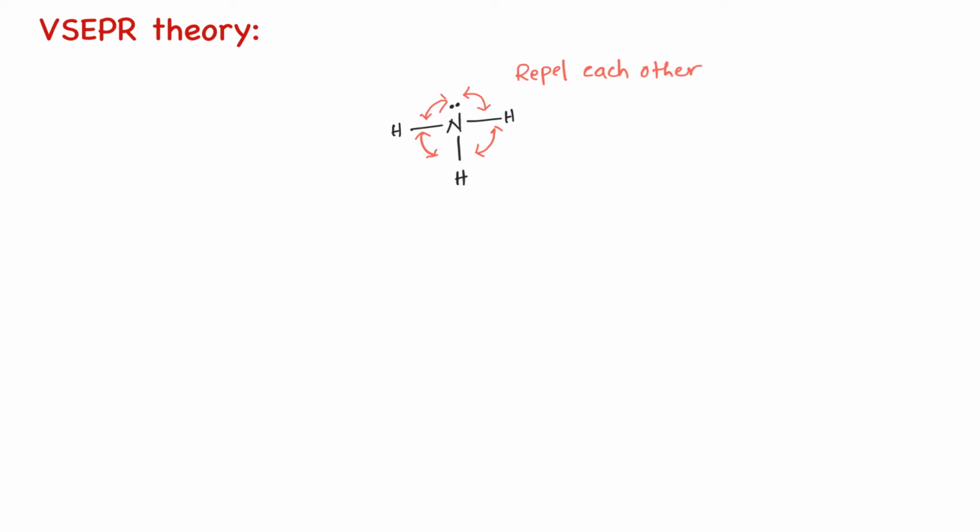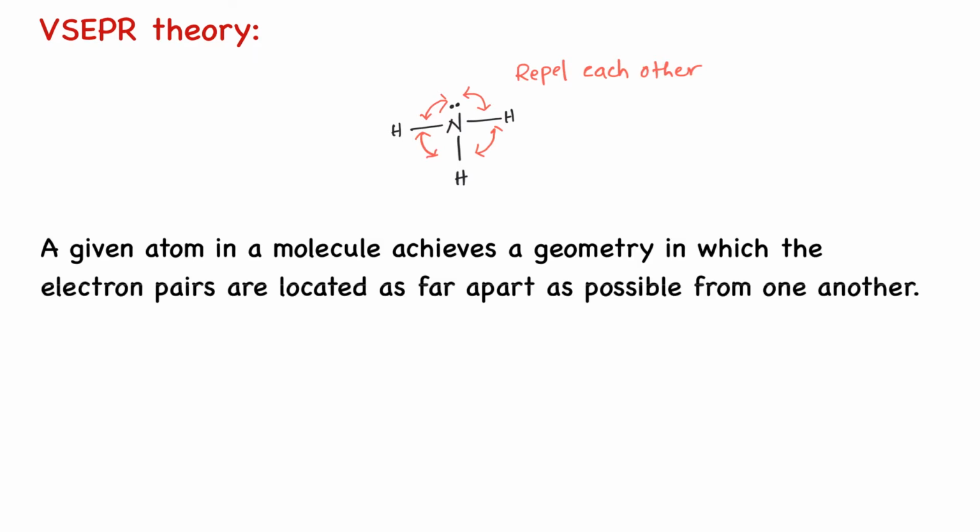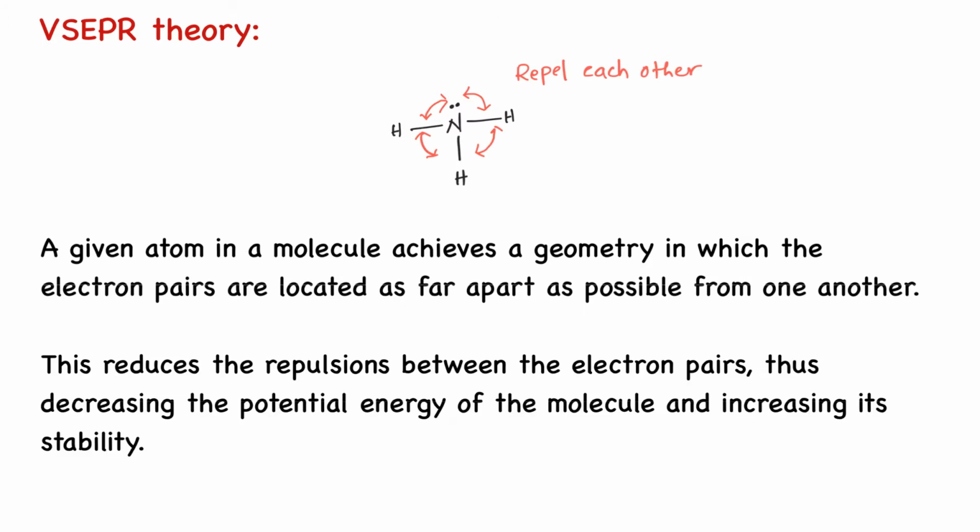The VSEPR theory states that a given atom in a molecule achieves a geometry in which the electron pairs are located as far apart as possible from one another. This reduces the repulsions between the electron pairs, thus decreasing the potential energy of the molecule and increasing its stability.